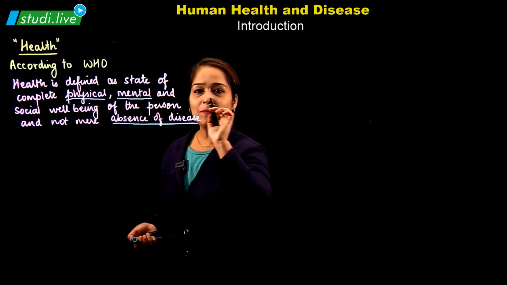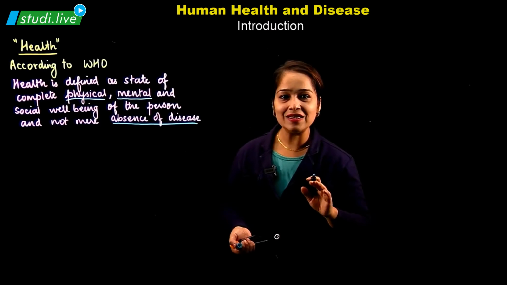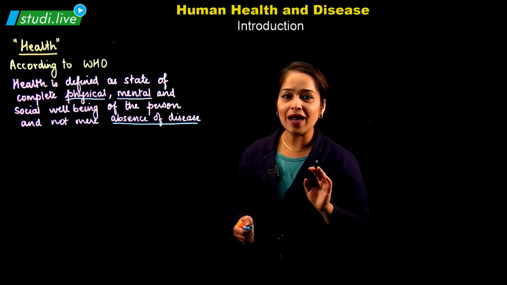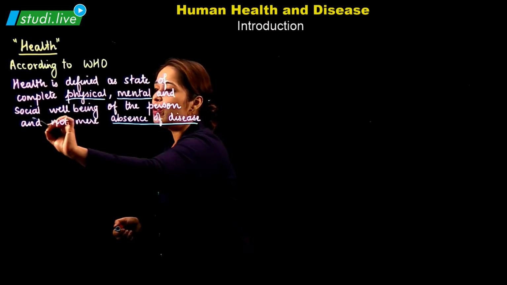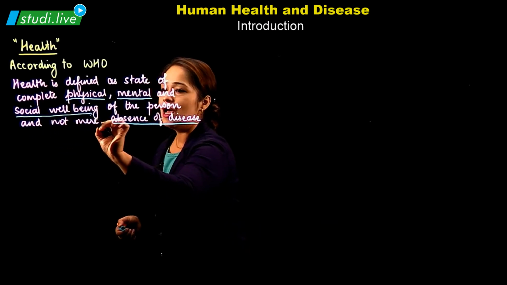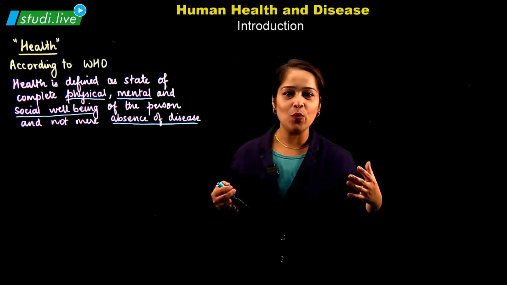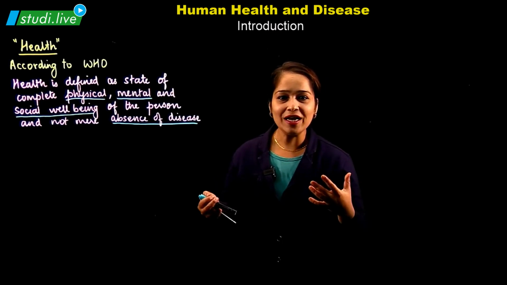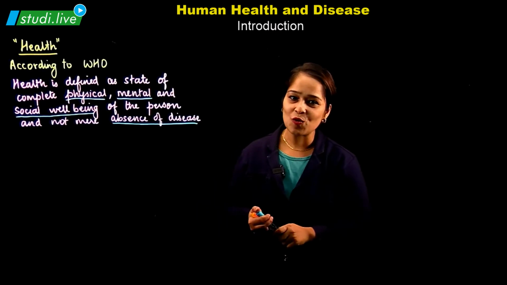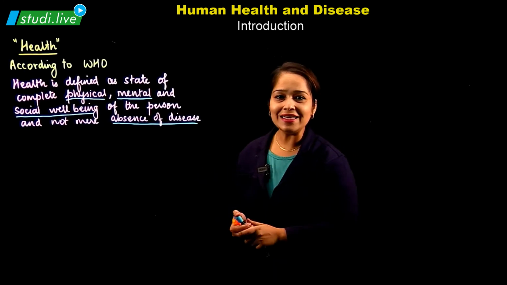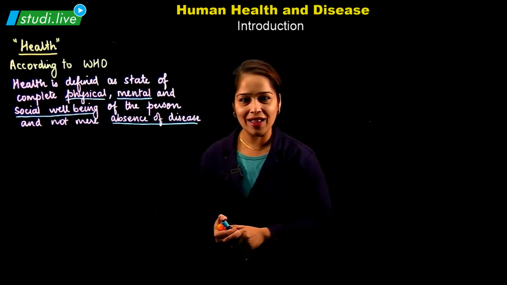Mentally, the person should not be very aggressive. The mental health should be at peace. Social well-being includes how that person deals with their family members or socially with the community or society. That is the social health. So this is the complete definition of health.